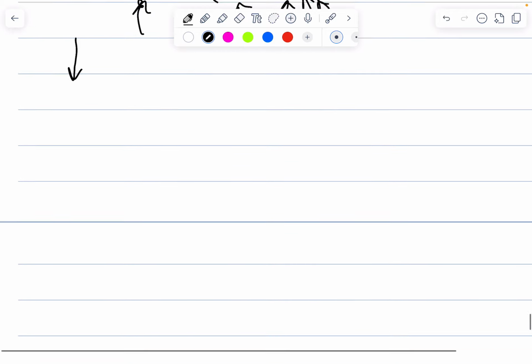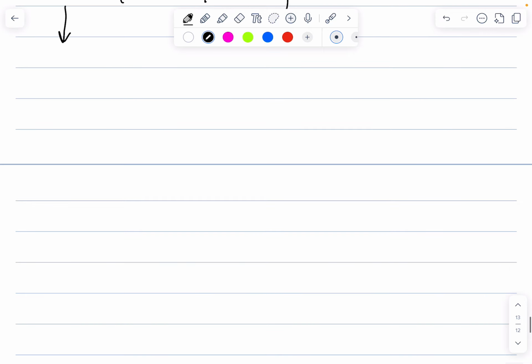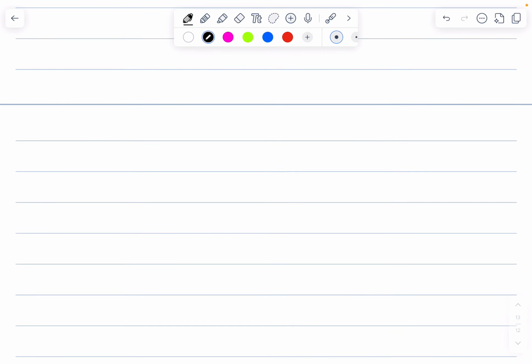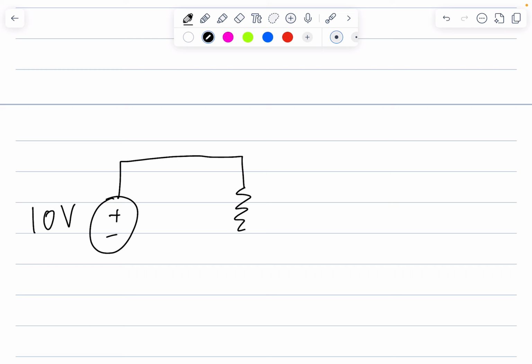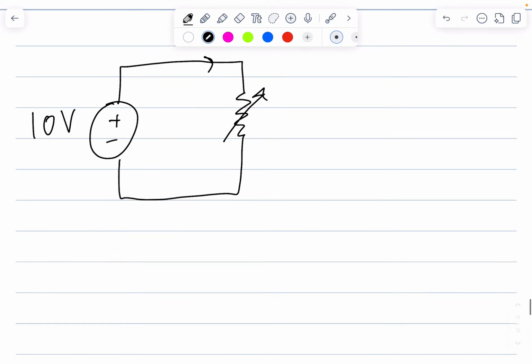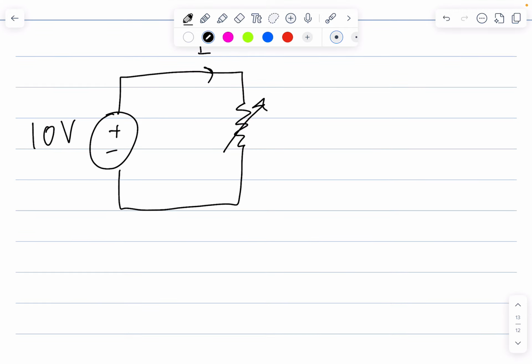Let's talk about something a little bit more visual, right? Here's your voltage source. So you have 10 volts, just to keep things simple. And I'm going to draw a resistor here, and I'm going to say this is a potentiometer. And I'm going to draw the current through voltage.